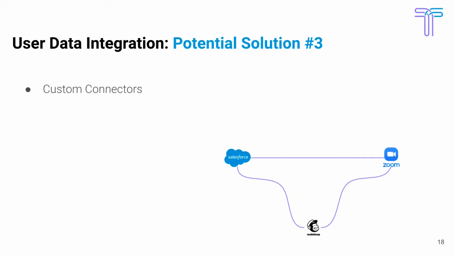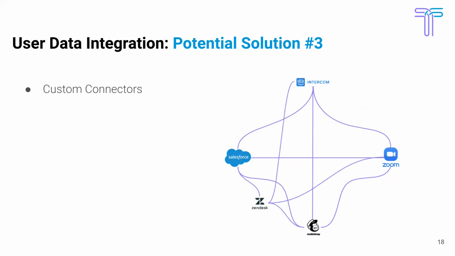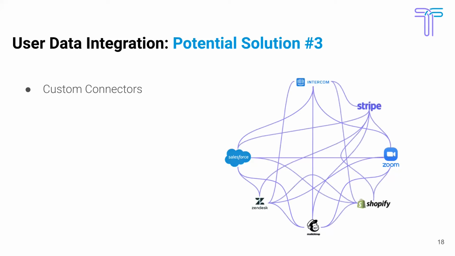This might not be too bad if the number of tools the company used was very small. For example, if RainShield only needed to connect Zoom and Salesforce with MailChimp, then they might only have to write 6 connectors to ensure they all shared the same data. You can imagine each of these lines representing a pair of connectors for each individual tool. However, if your company already uses several tools or plans on growing in the future, this can quickly get out of hand.